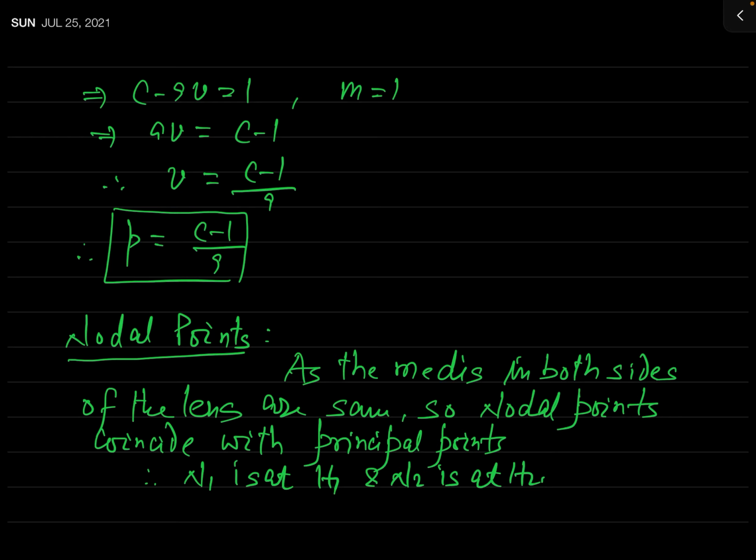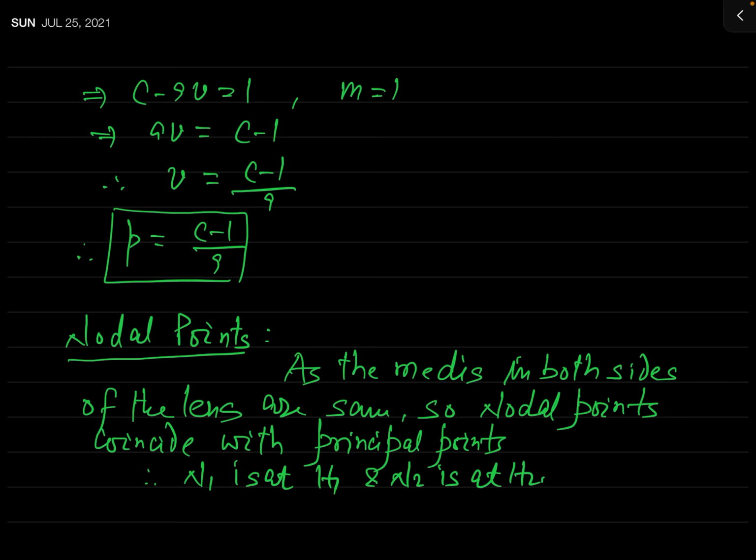In this way we have obtained the principal points, the principal foci and the nodal points. In the next lecture we will see the focal length of this thick lens when it is measured from the principal points, not from the poles.